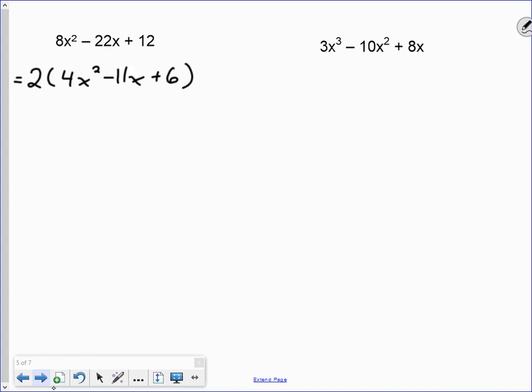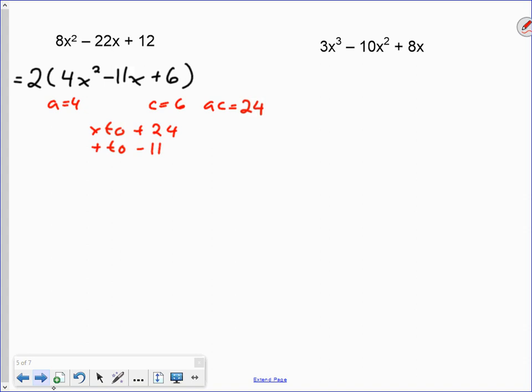Now I'm going to try to factor this trinomial that I have left over. My trinomial has an a value of 4. So I have to look at the c value of 6, and I know that AC is going to be 24. So I'm looking for two numbers that multiply to positive 24 and add to negative 11.